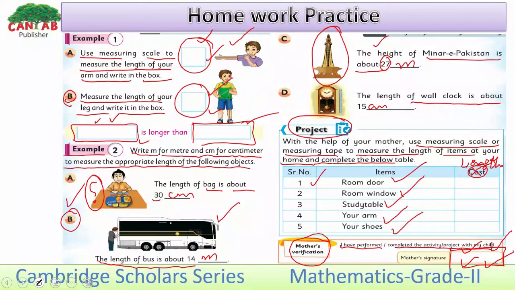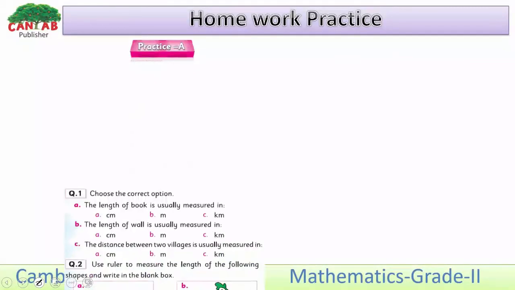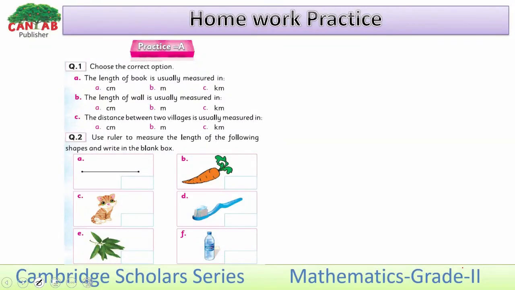Students, now come to Practice A. In question 1, there are 3 options given for each part. Select the correct option. The length of a book is usually measured in kilometers, meters or centimeters.